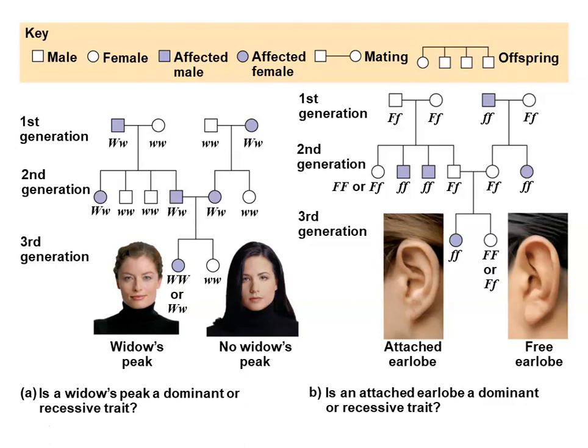The fact that the trait disappeared and then showed back up would be why this particular pedigree is showing attached earlobe as a recessive trait, while over on the far left, the fact that we had the dominant alleles present, that the parents continue to produce dominant allele, the traits are not disappearing, that would be an indication that this is a dominant trait.